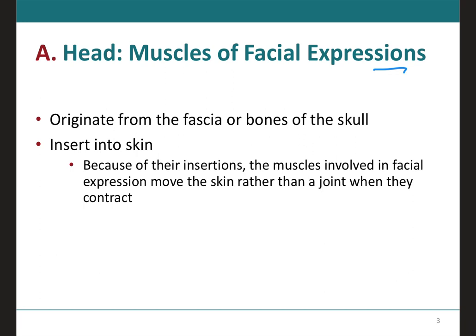But facial muscles usually will insert on the skin, and as we know, they will pull towards the origin. So if they insert on the skin and pull towards the origin, this means that the skin is what will be moving, and therefore you produce the facial expressions.